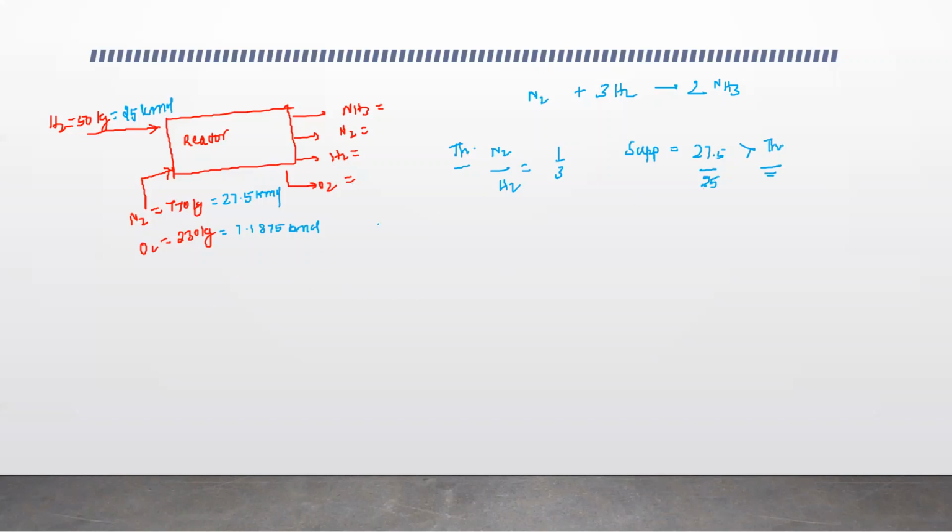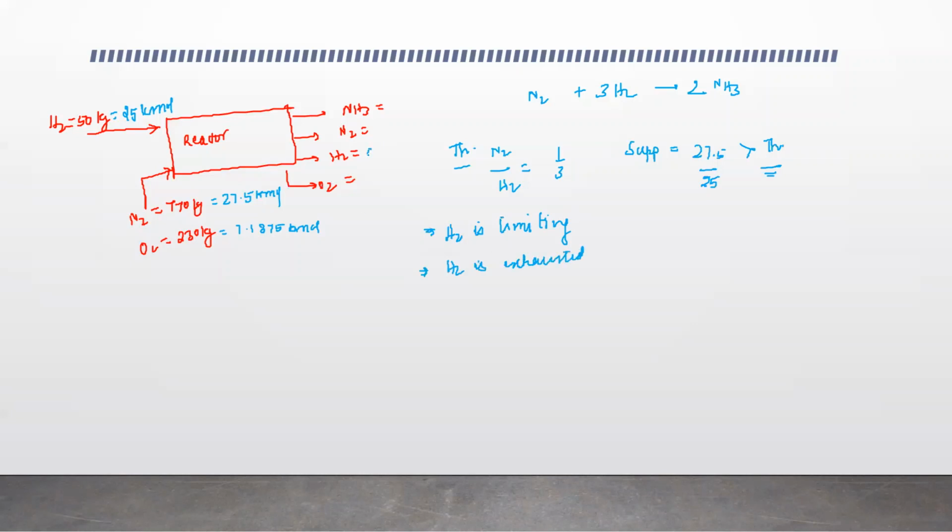Since it is greater than the theoretical ratio, it implies that the denominator is limiting. That means hydrogen is limiting. Since hydrogen is the limiting reagent in this case, it will get exhausted.